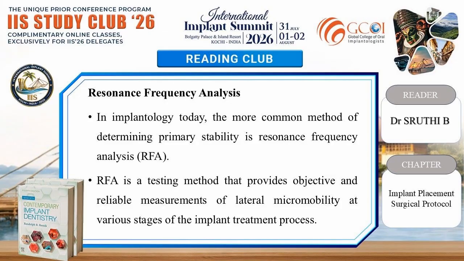Resonance frequency analysis. In implantology today, the more common method of determining primary stability is resonance frequency analysis RFA. RFA is a testing method that provides objective and reliable measurements of lateral micromobility at various stages of the implant treatment process.